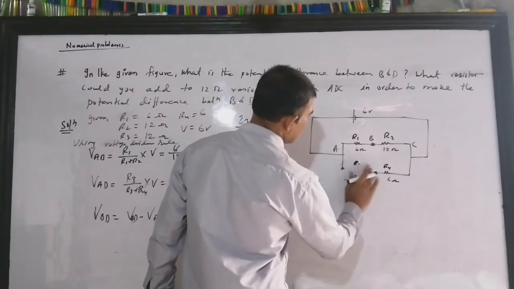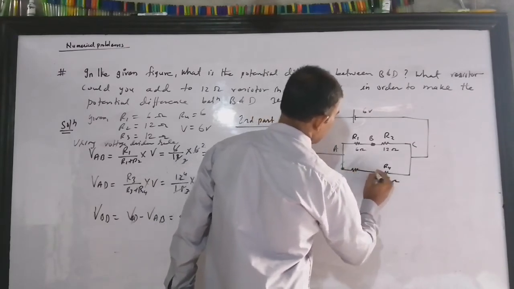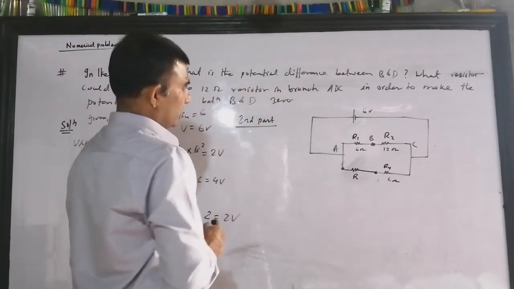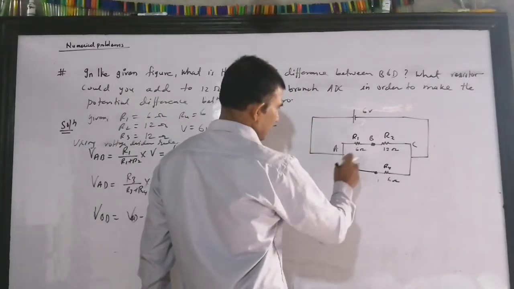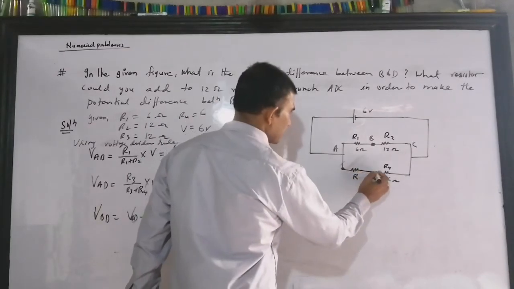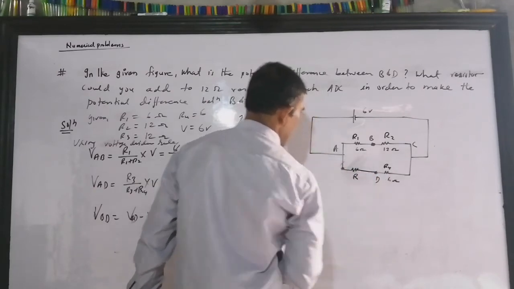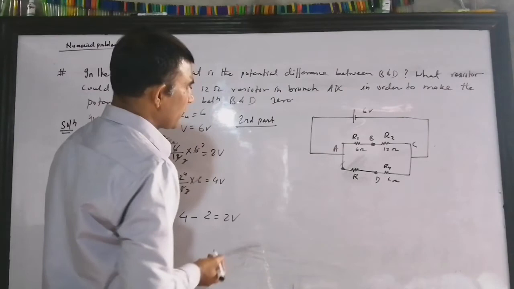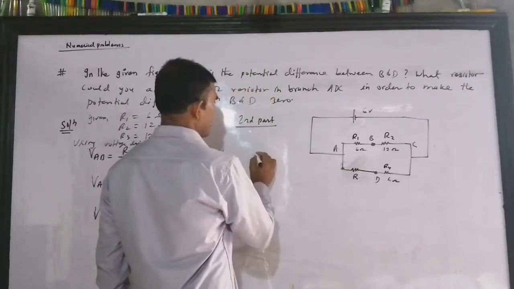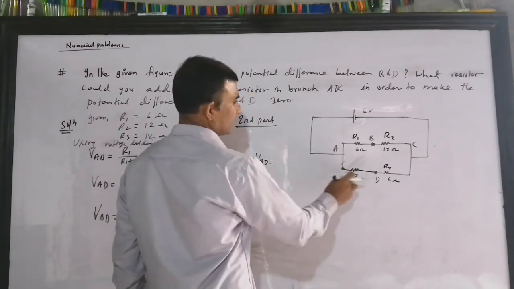Okay, so for the time being, let's see the total resistance of these two. The resistance I need to connect here, for the time being I suppose, is R. And of course this R will be the parallel combination of those two resistances. For the time being I am supposing the resistance from A to D that I require is R. And you are already familiar with the voltage divider rule, so let me find the voltage from A to D. Voltage from A to D, can you tell me?